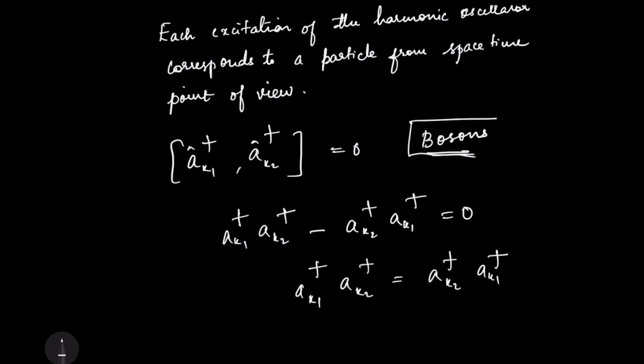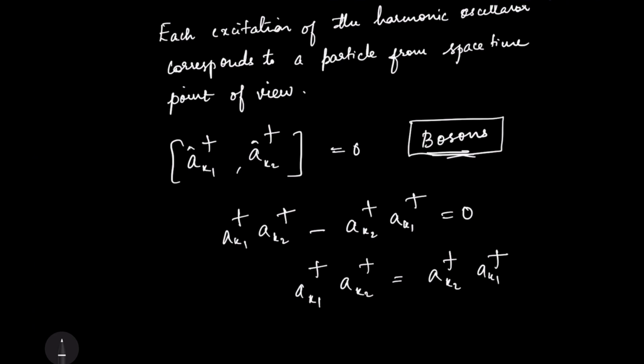So each excitation of the harmonic oscillator corresponds to a particle, and the symmetry in permuting these different particles shows that they are bosons. So this becomes a bosonic field theory. The next interesting fact is that all the particles have positive energies.